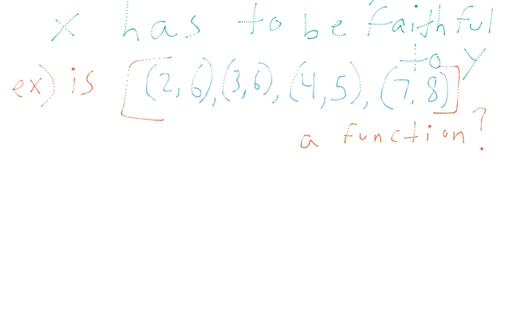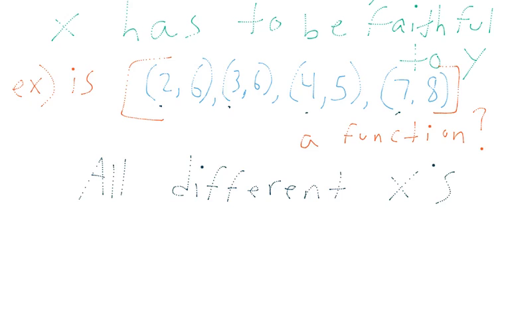So anyways, here's how I can figure it out. My x's are 2, 3, 4, and 7. In this relation, I have 4 different distinct x's that never repeat. So I have all different x's, so of course every x only has one y.